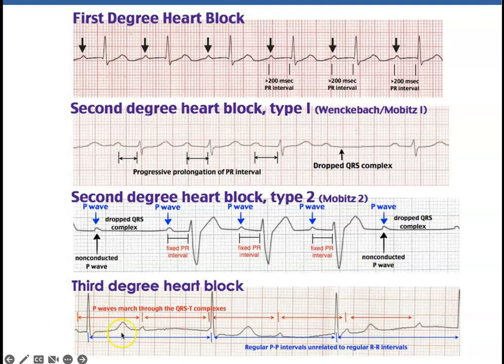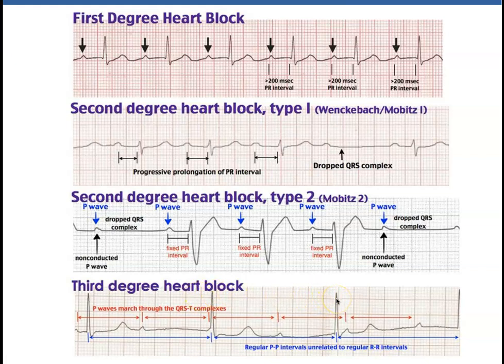And so you'll have regular intervals between the P's, and you'll have regular intervals between the T waves here and here. So this is your regular P wave interval to this one, and then your actual R's here to here, those are going to be normal.